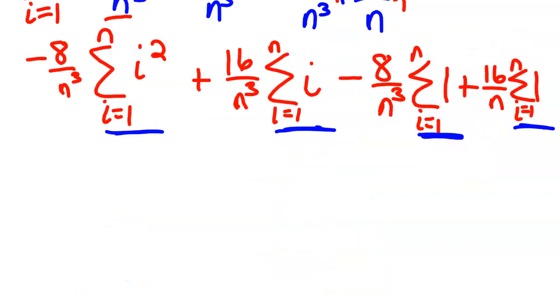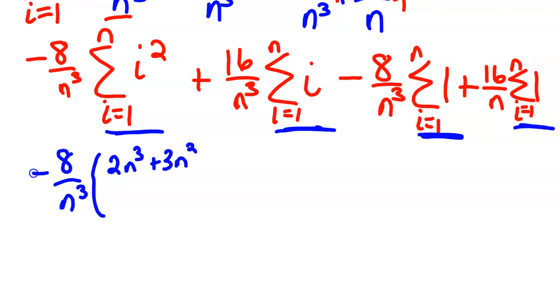So when we do these now, we're going to have negative 8 over n cubed times that 2n cubed plus 3n squared plus n all over 6. That's for this part here.